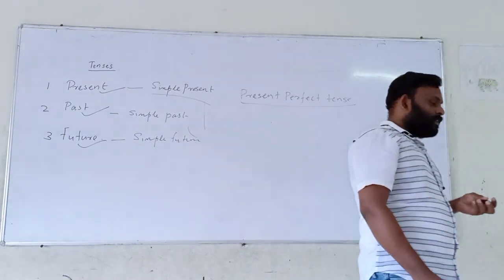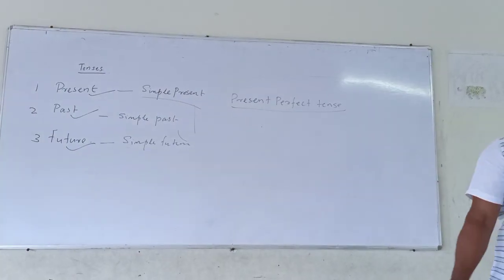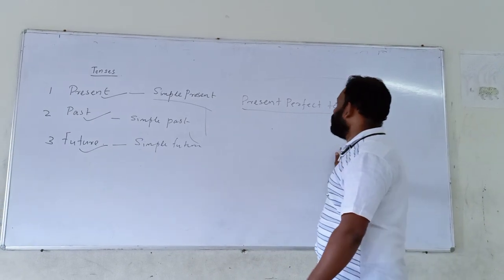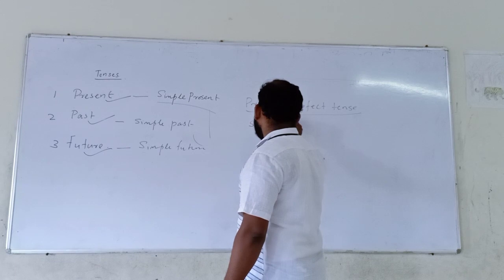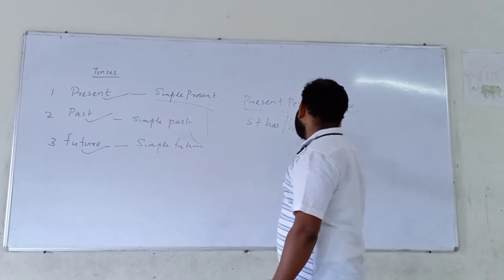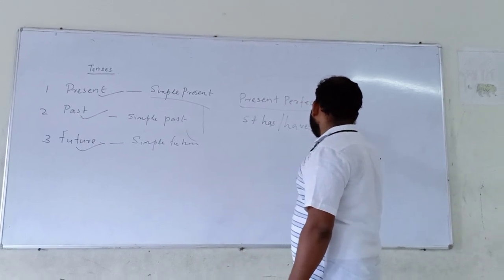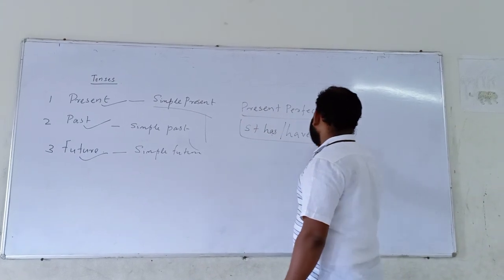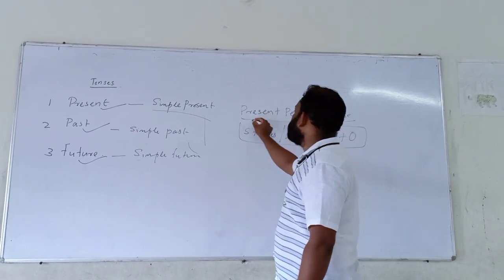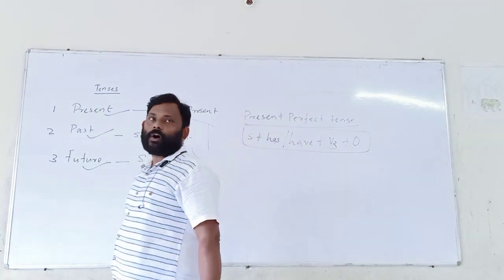So what is present perfect tense and what is its formula? First we will learn about the form of present perfect tense. So we can write it: subject plus has or have plus V3 plus object. So study this clearly. Subject plus has or have plus V3 plus object.